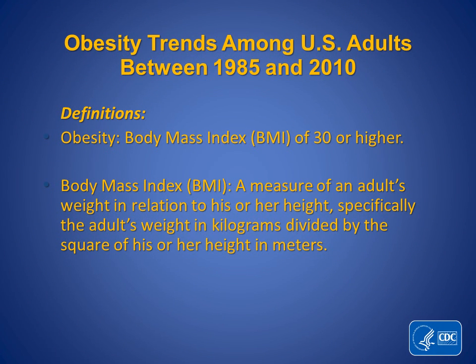Of course, diabetes is related to the obesity epidemic that we're going through. These slides are illustrative of the epidemic. The data I'm going to present are from the CDC, defining body mass index, basically a ratio of your weight in relation to your height. A BMI of 30 or higher is defined as obese.